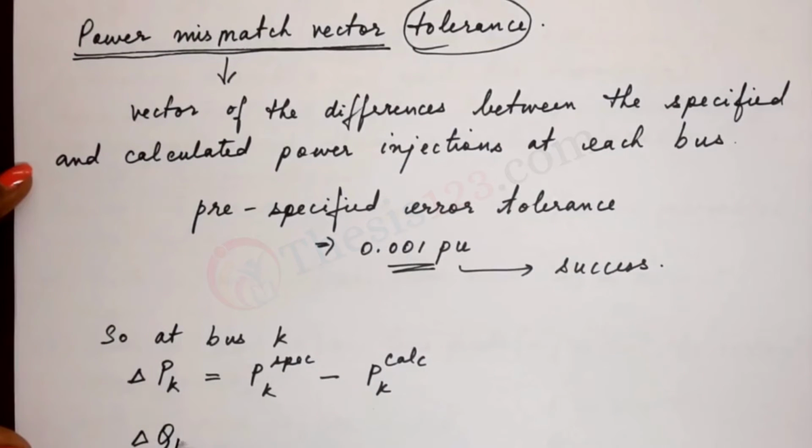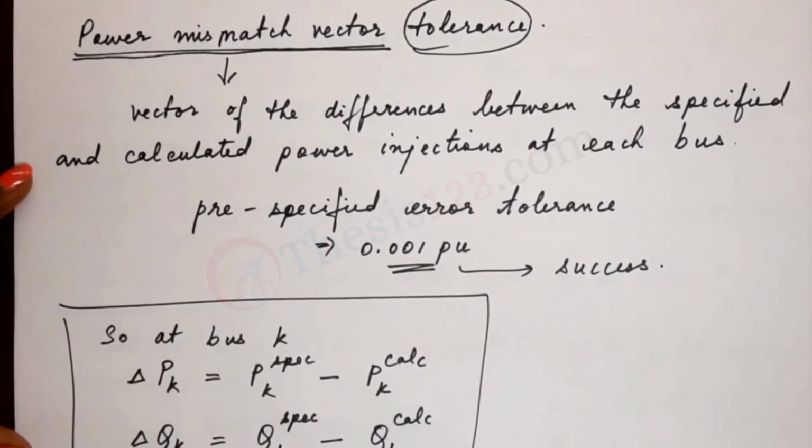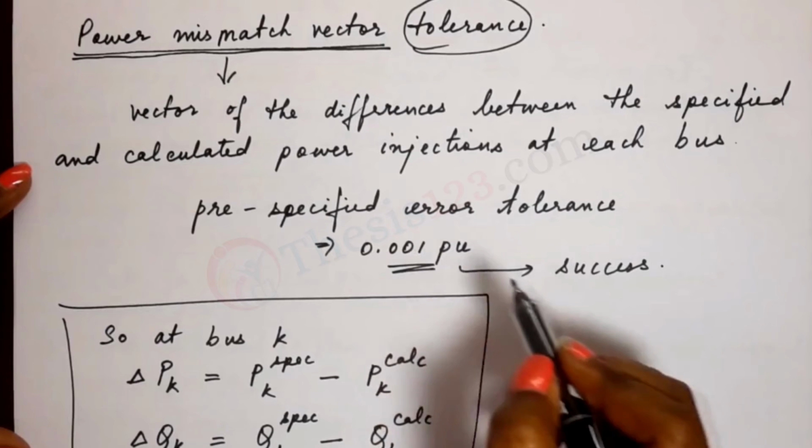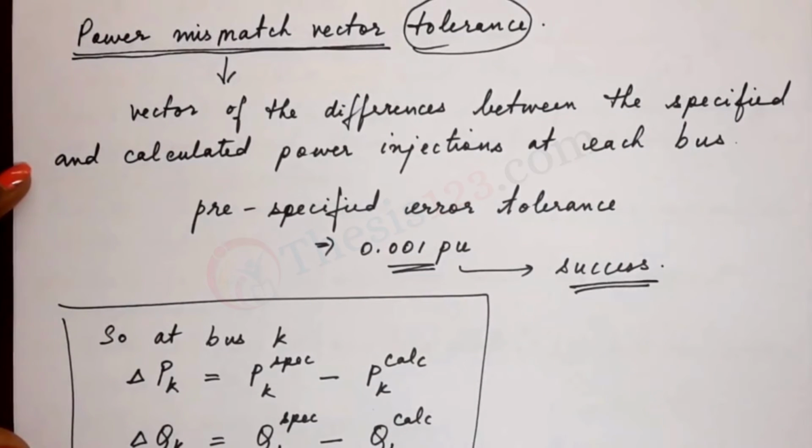Similarly, for the reactive power at that same bus, we can write it as the specified value of the reactive power minus the calculated value of the reactive power at K. So if this difference results in a value less than 0.001, then the load flow is supposed to be a success.